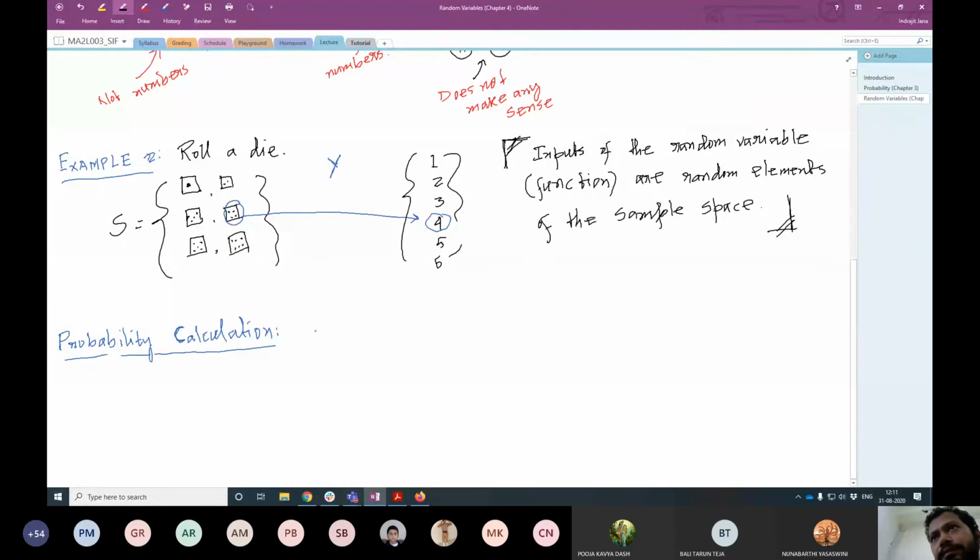Probability of any event can be framed in terms of random variable.